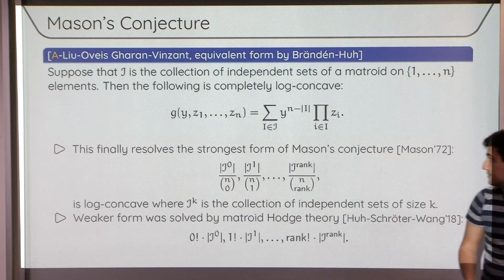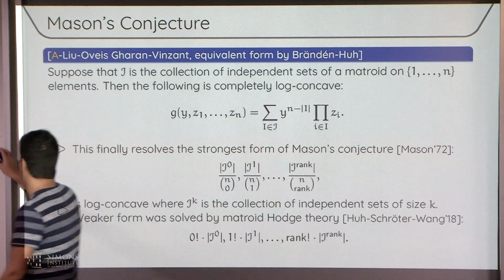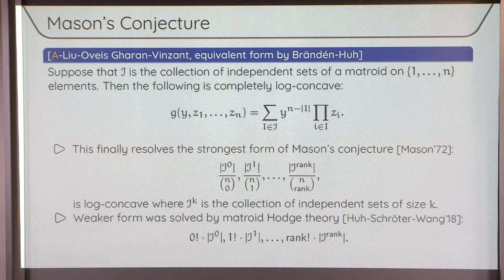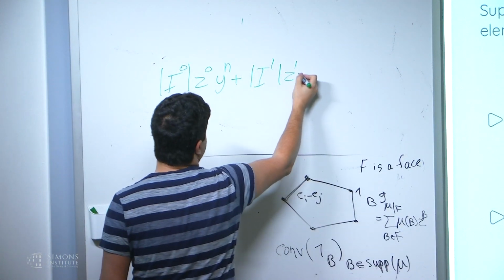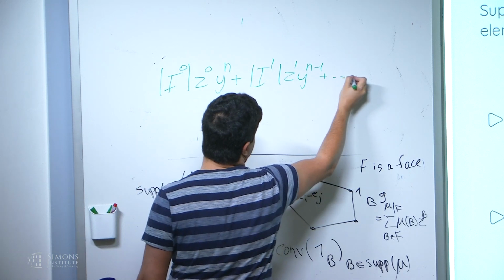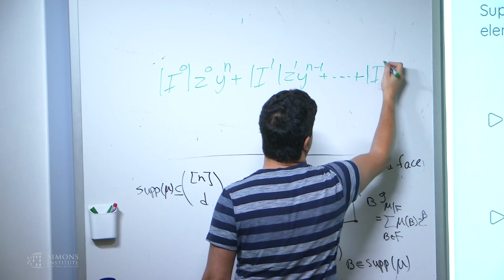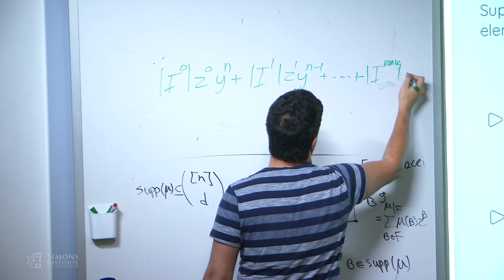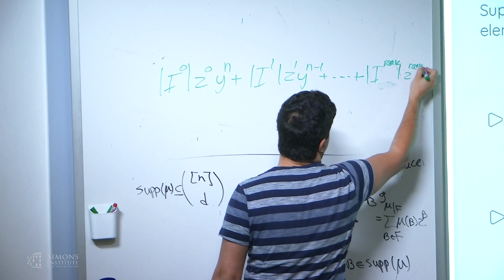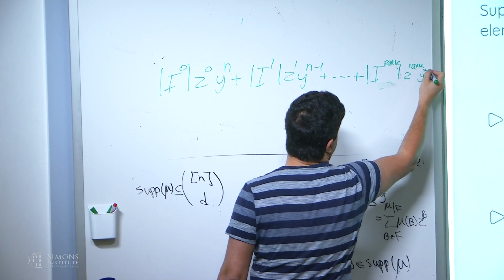So the bivariate polynomial you're going to get by doing that is exactly I0 times z^0 y^n plus I1 z^1 y^(n-1), up to basically I_rank z^rank y^(n-rank).